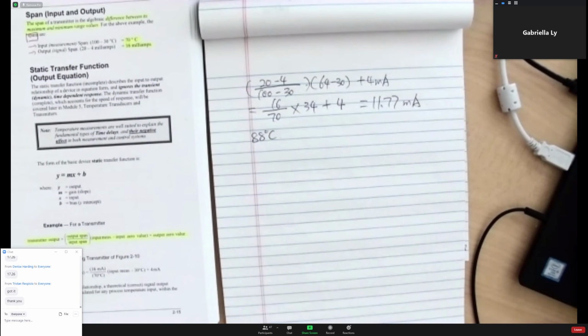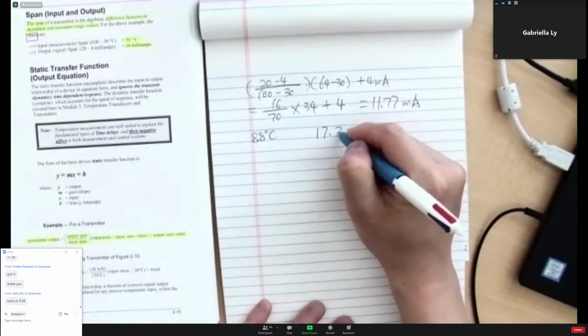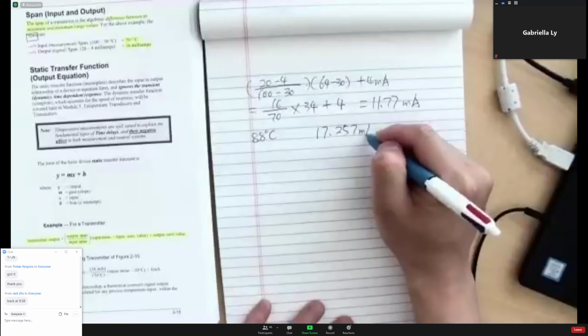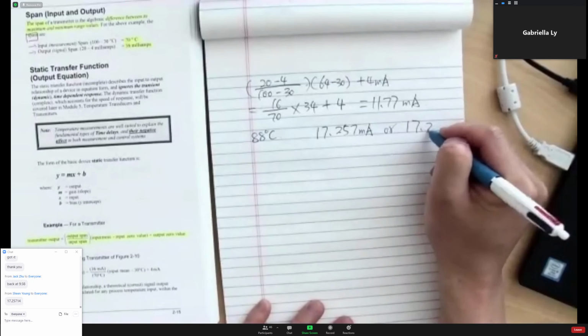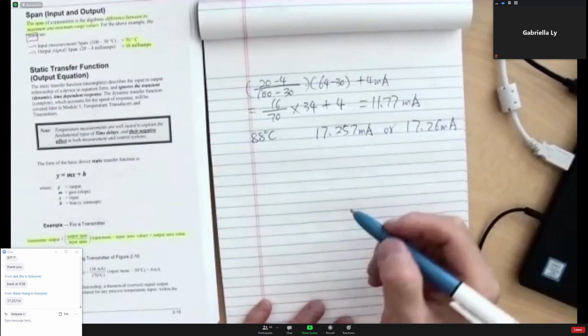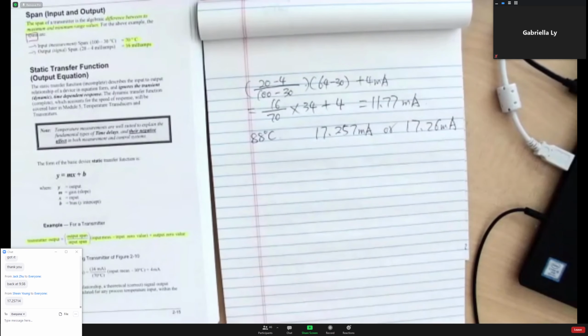Let's take our coffee. We're back at now it's 9:38. So if you get the right answer, 17.257 milliamps or 17.26 milliamps, go for coffee. If you didn't get this right answer, you cannot go for coffee.